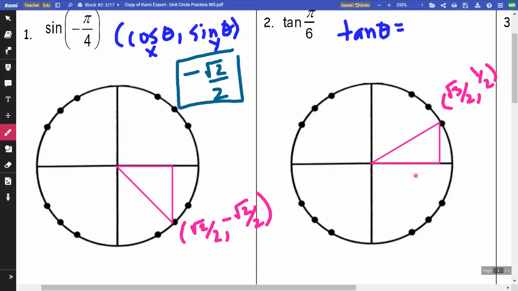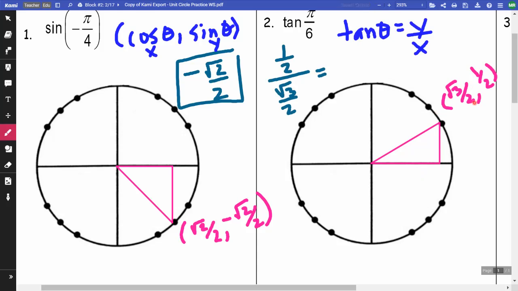Our tangent is y over x. It is my opposite, which is my y direction, over my adjacent, which is my x direction. So I am going to literally put 1/2, which is my y, over √3 halves. I'm going to do this in a teal color. So I'm going to take my y, which is 1/2, over my x, which is √3 over 2.